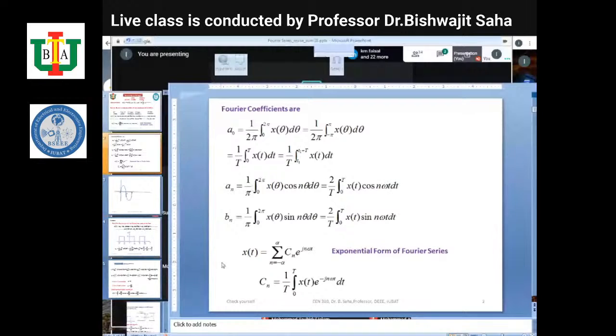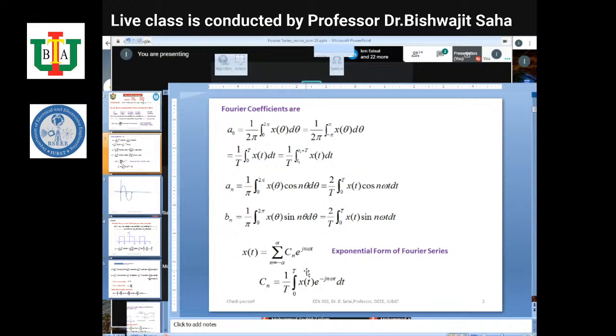So the next formula is x of t equals summation of n from minus infinity to infinity Cn e to the power j n omega t, where Cn equals 1 over T, 0 to T, x of t e to the power minus j n omega t dt. This formula is called the exponential form of Fourier series.